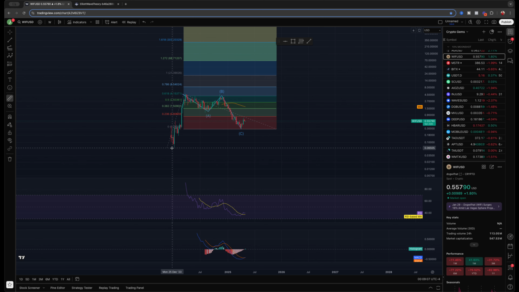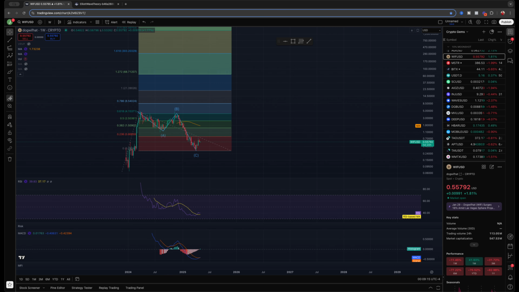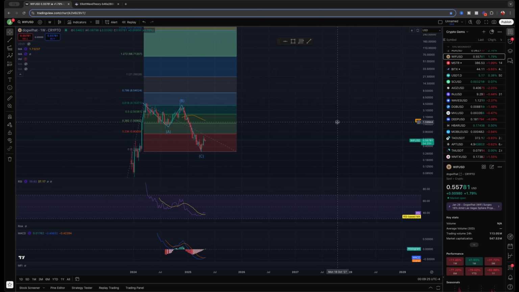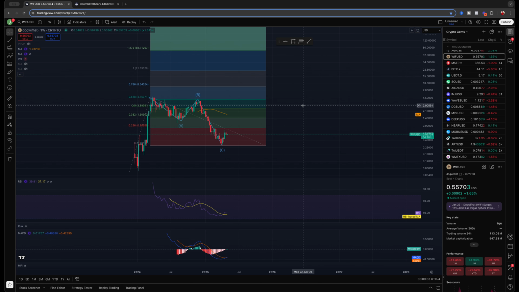And even from this start of 2024 up to its all-time high, that was a 75x. So for this to go 40x in this next kind of run of the cycle is very reasonable. It's totally possible for dogwifhat to do that, again, based off of some of the technicals that we have with Elliott Wave and how we're looking at this chart.